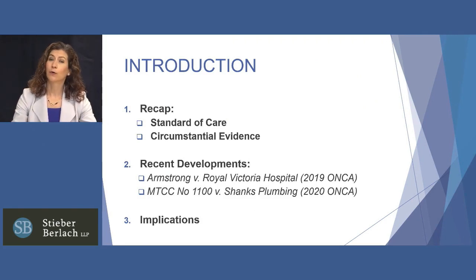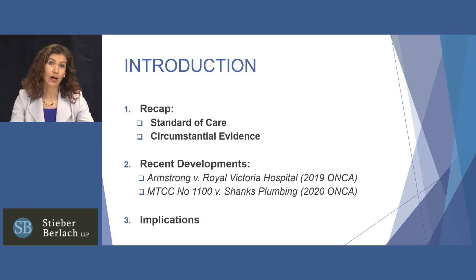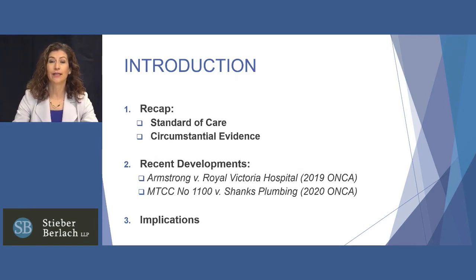First, we're going to do a brief recap, reviewing what standard of care is, how that fits into the grand picture of negligence, and what circumstantial evidence is. We will then turn to the two cases, the Armstrong case and the Condo and Shanks Plumbing case. Lastly, I'll talk a little bit about those implications. And of course, if you have questions, please feel free to let us know, and we'll leave time to deal with those at the end.